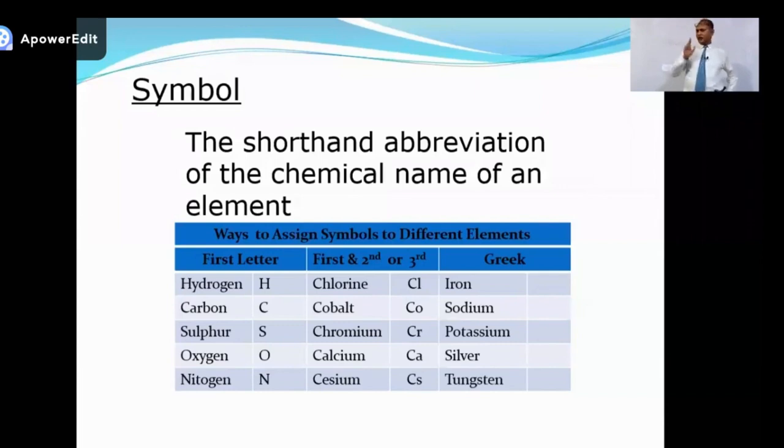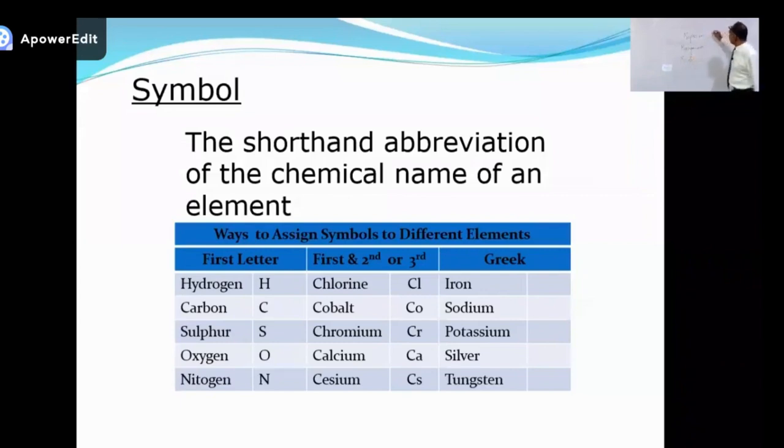Clear? Now let's suppose we have different elements, like magnesium, manganese, or molybdenum.